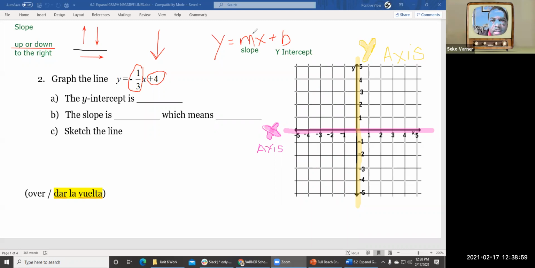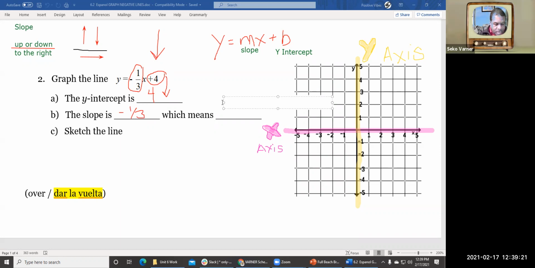The m is the slope, and that's always going to be a fraction, and the b is the y-intercept. So our plus 4 is right here. The y-intercept is 4, okay? The slope is negative 1/3, which means that we're going to do something fun, right?